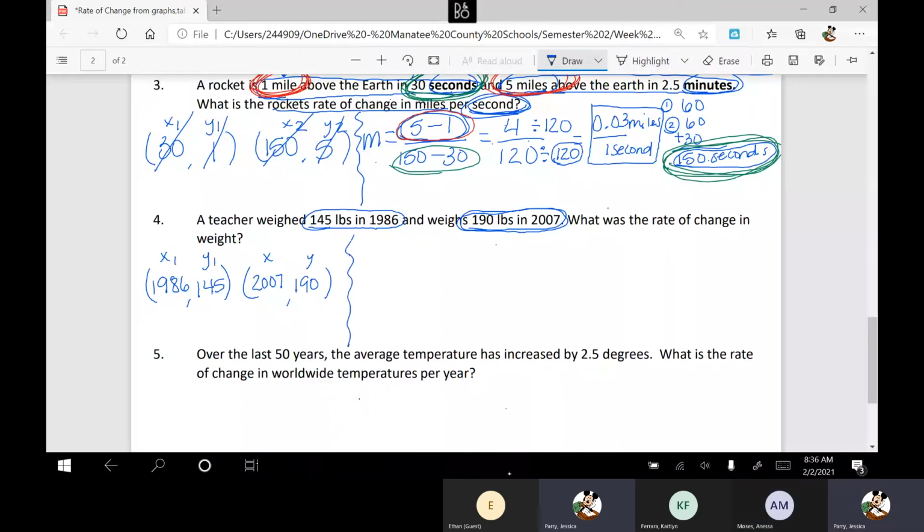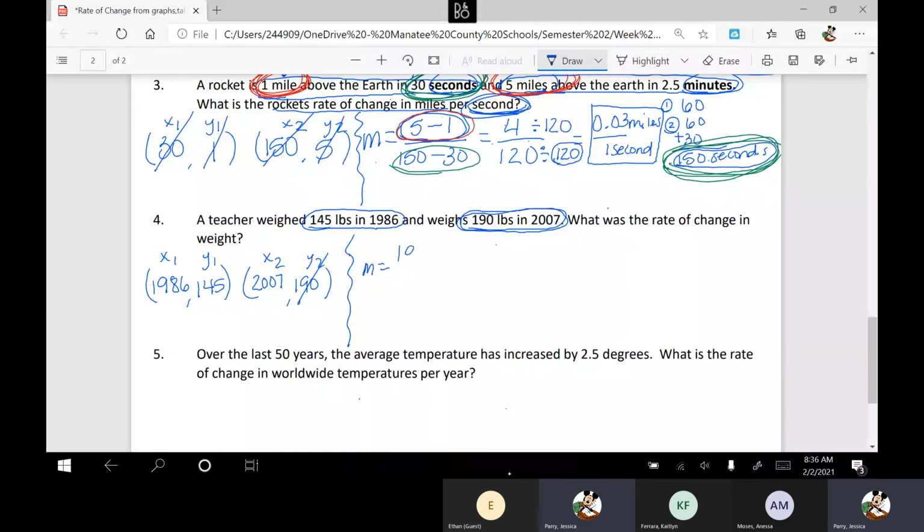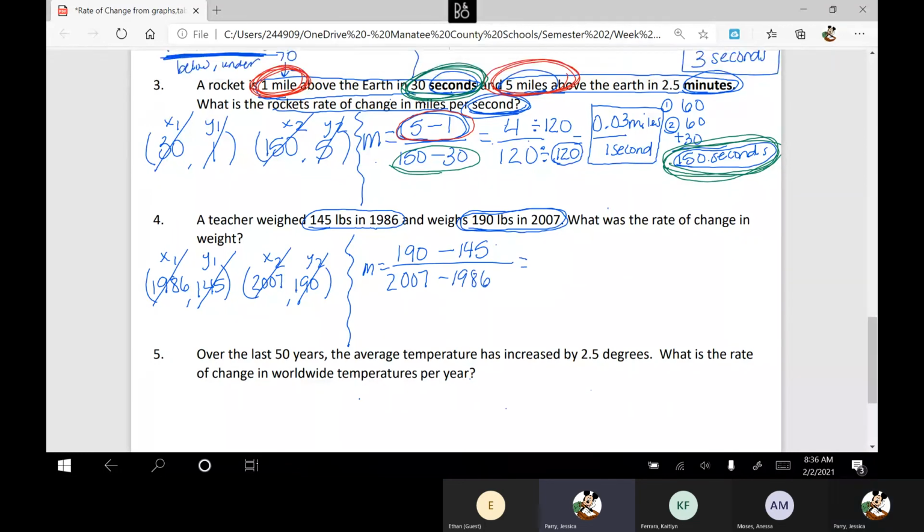Okay, I'm going to label with the 1s and the 2s. And we're plugging into our formula, y2 minus y1. So we've got, you guys are good at this part, 190 minus 145 all over my x2 minus x1. So 2007 minus 1986.